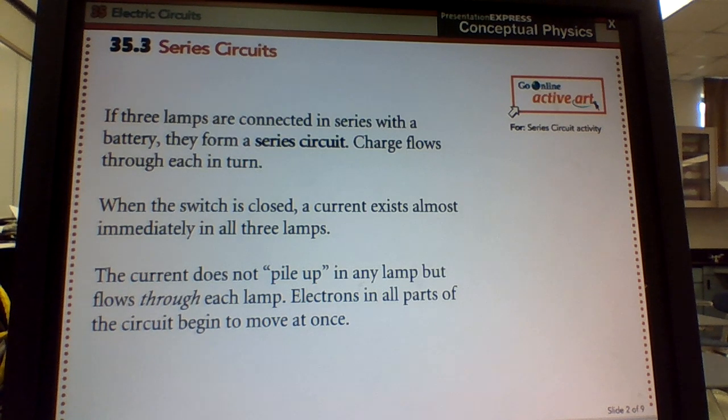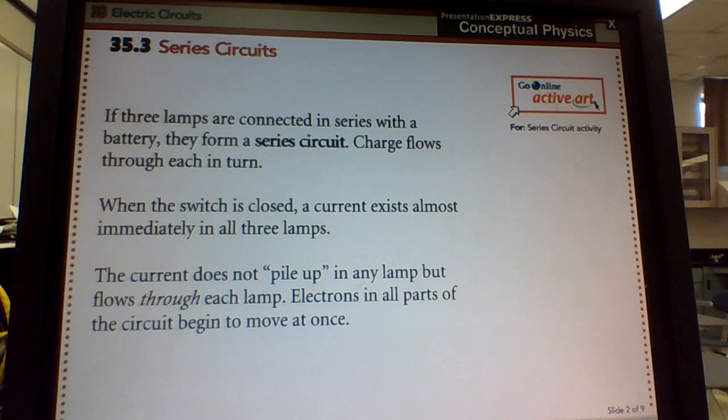But if 3 lamps are connected in series with a battery, they're going to form this series circuit. Charge flows through each one of the devices in turn, each one of the lamps in turn. And when the switch is closed, current exists almost immediately in all 3 lamps. We don't see the first one light up, then the second one, then the third one.